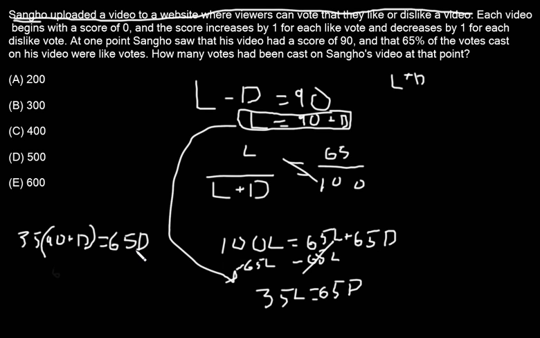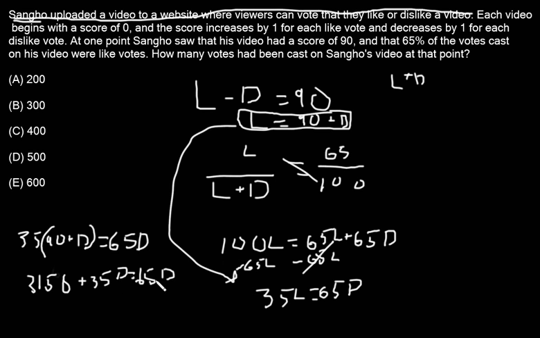I already solved it, and 35 times 90 is 3,150. 35 times D out here is 35D, equals 65D.